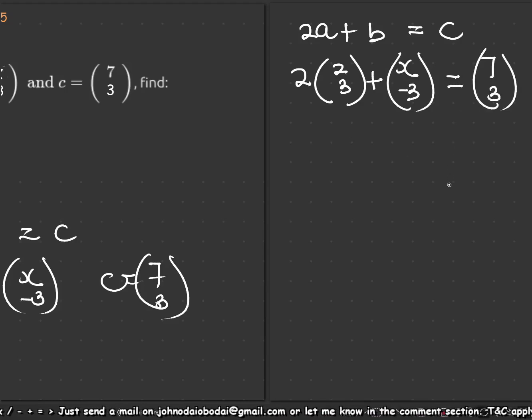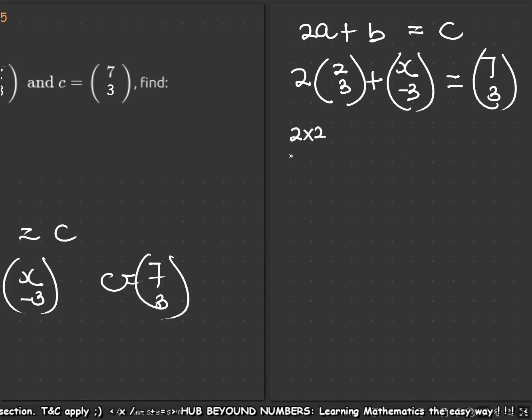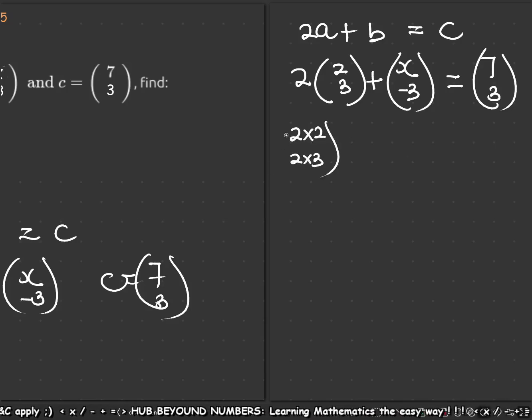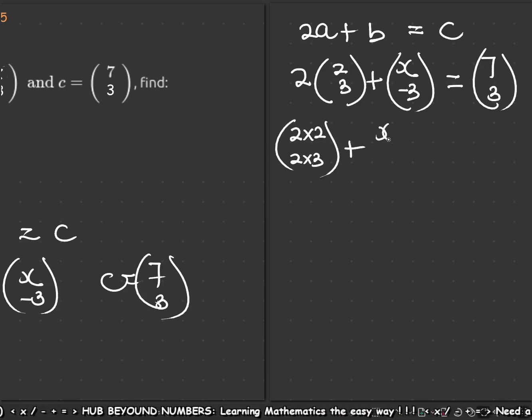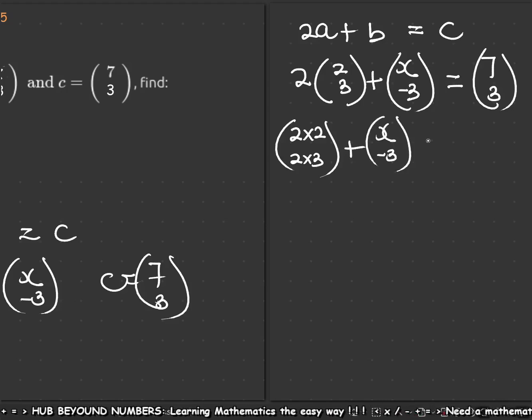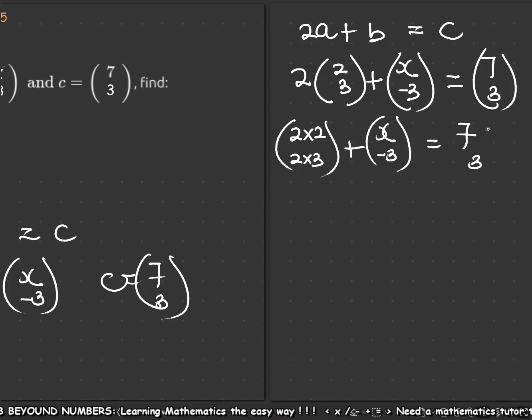Now this is what we call equality of vectors. This 2 over here is a scalar that is multiplying these vectors, and scalars multiply the numerator and also multiply the denominator. Take note, you don't treat it as multiplication of fractions, but rather you have your 2 times 2, then your 2 times 3, plus (x, negative 3) is equal to (7, 3).